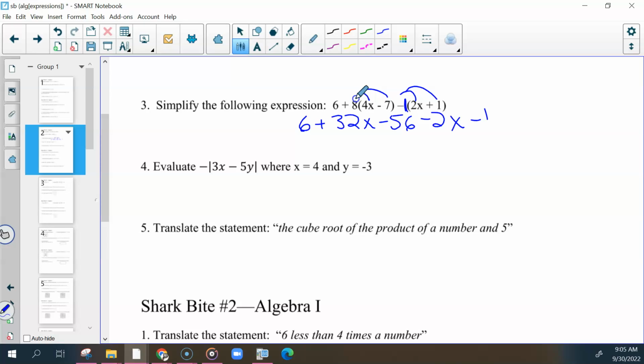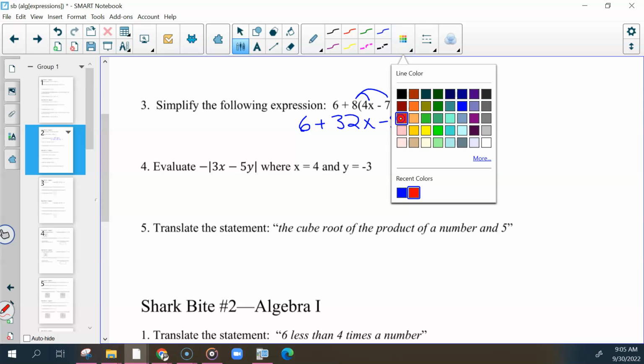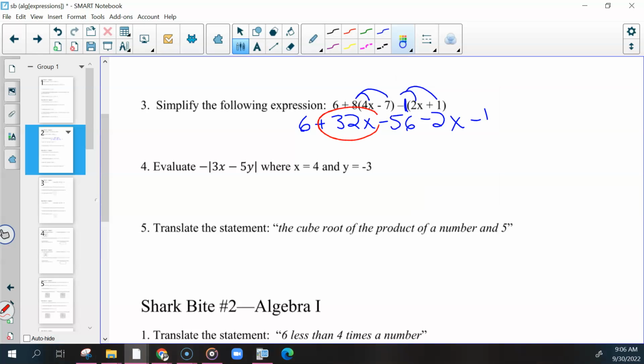And then start to combine your like terms. Here we have 32x, negative 2x, and then all of your constants. So 32 minus 2 would give us 30. 6 minus 56 would be negative 50. Negative 50 minus 1 would be negative 51. So 30x minus 51 should be our final answer there.